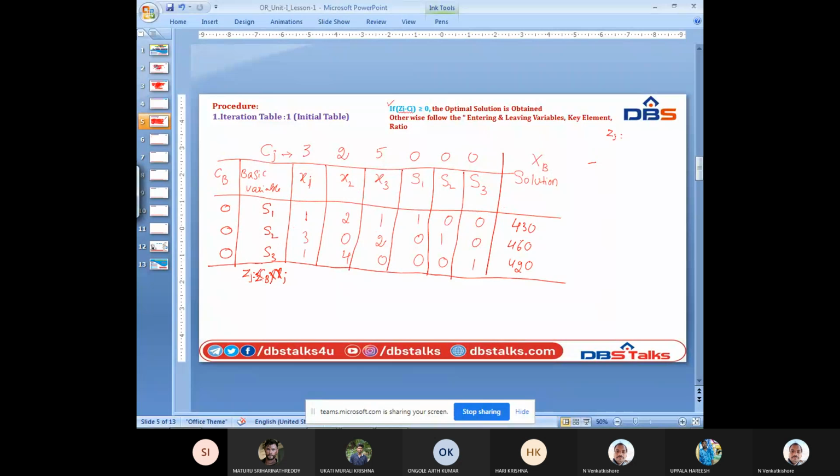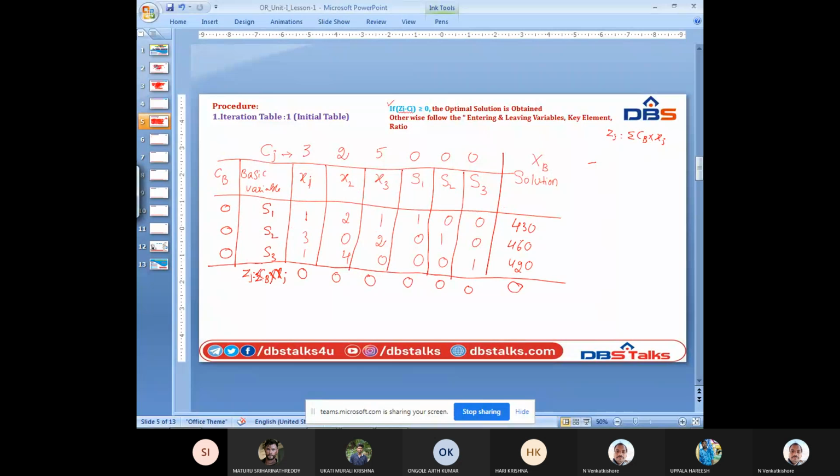Zj is equal to sigma of CB into Xj. Xj means x1, x2, x3, whatever it is. So here it is sigma of 0 into 1 plus 0 into 3 plus 0 into 1. What are the values? 0. All the values are 0. What is the solution we are getting here also? The solution is 0.